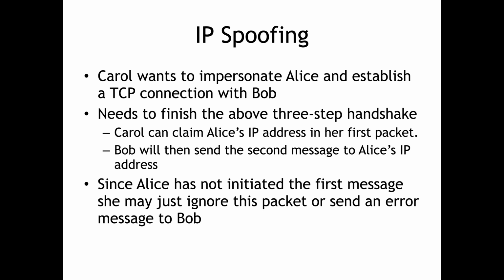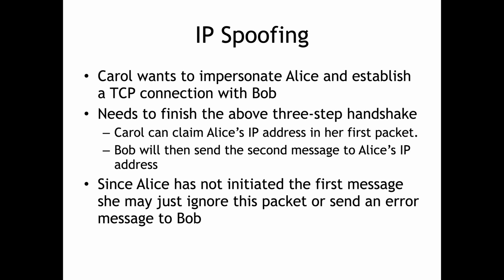So IP spoofing. What happens if Carol wants to impersonate Alice and establish a connection with Bob? So let's say that Bob and Carol are married, and Bob and Alice are having an affair.